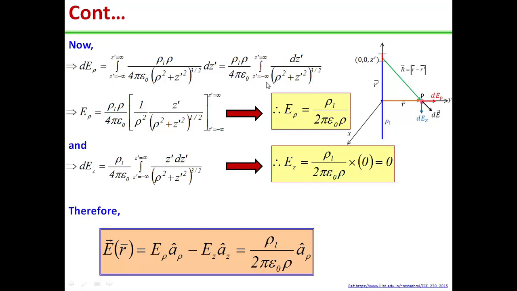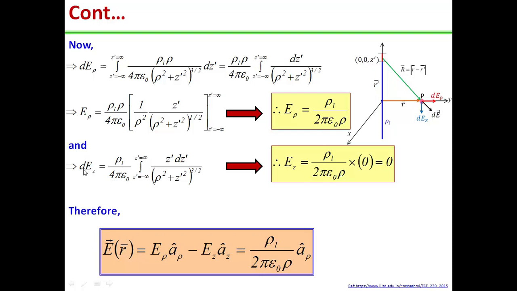Integration from minus infinity to infinity of dz' divided by (rho square plus z' square) to the power 3 by 2. After integrating this equation, we will find the E rho component, that means the electric field component along the rho direction, and this comes out to be rho L divided by 2 pi epsilon naught rho.